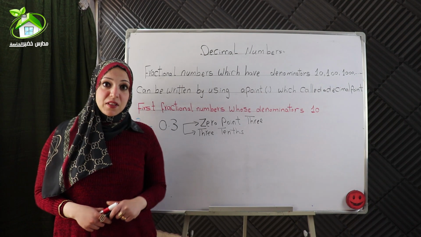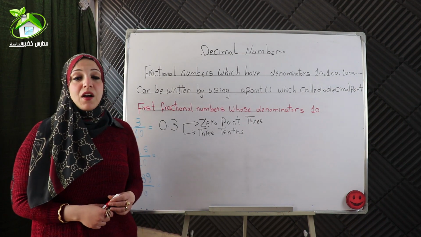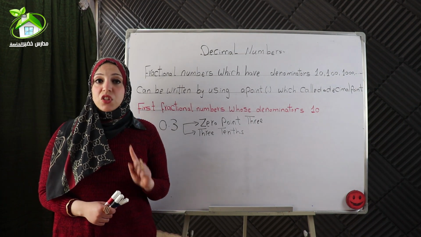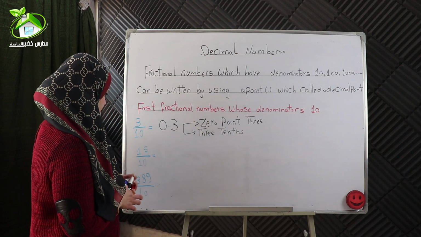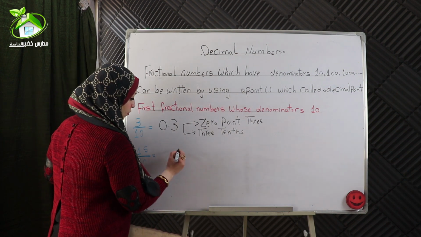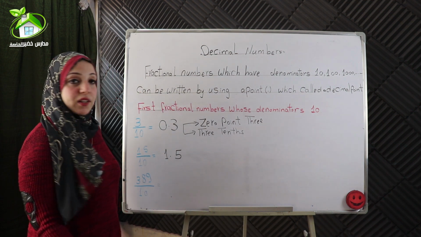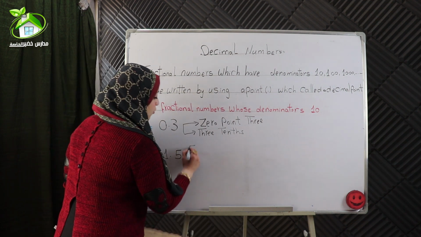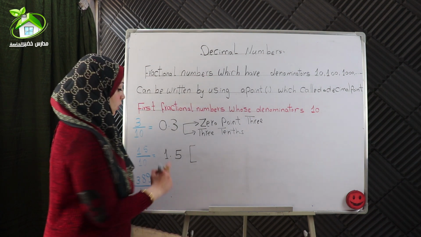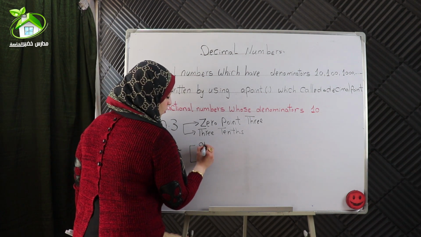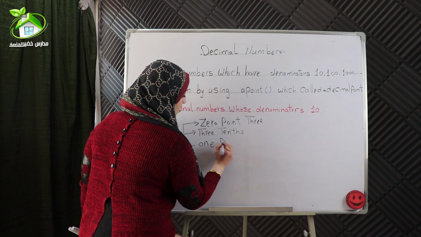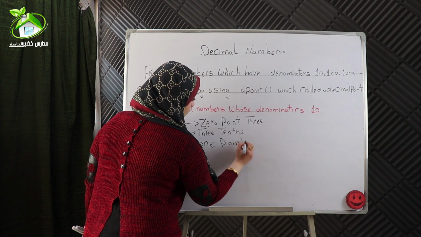The second example, 15 over 10. I put the point after only one digit from the right: 1.5. How can I read this number? I have two methods. The first one, 1.5.